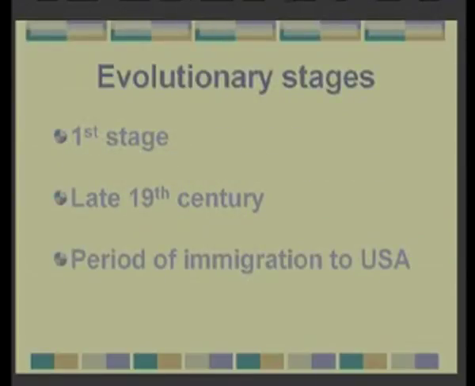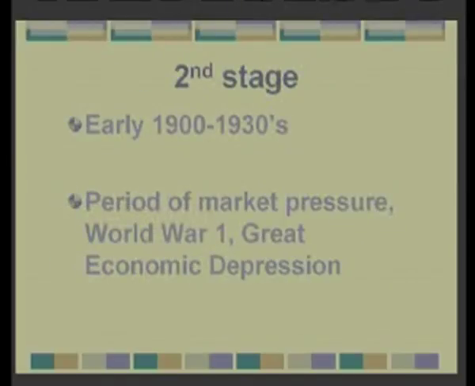And in this, there are a number of evolutionary stages. The first stage began earlier, and in the late 19th century we had the second, then the period of immigration to the USA, and that was the first, we can say.